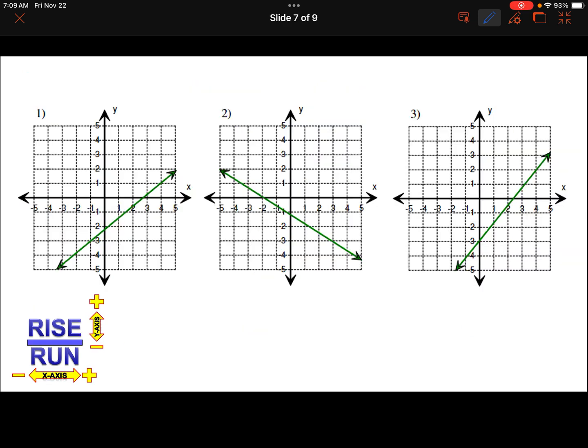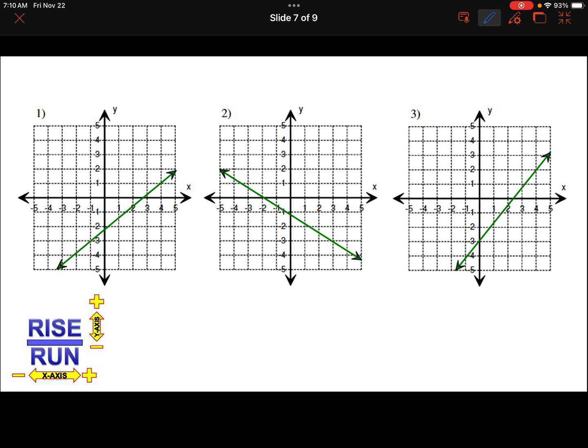All right, the next set of 3, every time I tell kids to go do these, everybody freaks out. And guess what they say? Mrs. Kearns, there are no points. Okay? There are no points. If there are no points in the graph, that does not mean you can't find the slope.